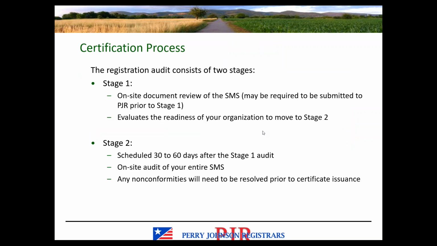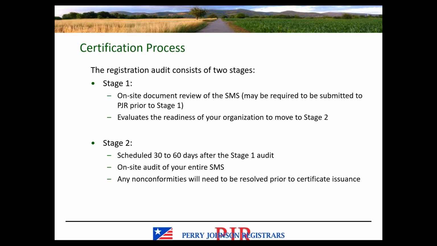So just very briefly, the stage 1 audit is a documentation review to ensure the organization is ready for their stage 2 audit and that they have that framework in place to meet the requirements of the standard, at least on paper.